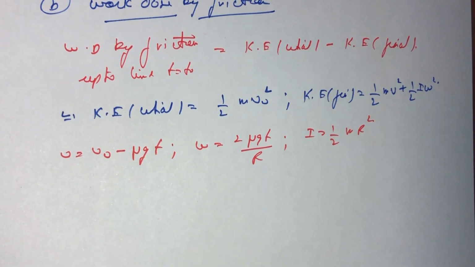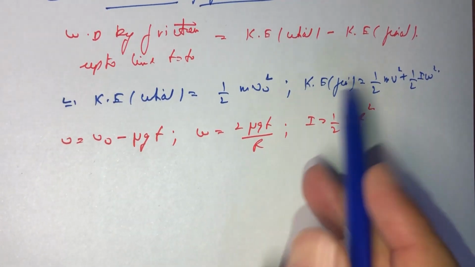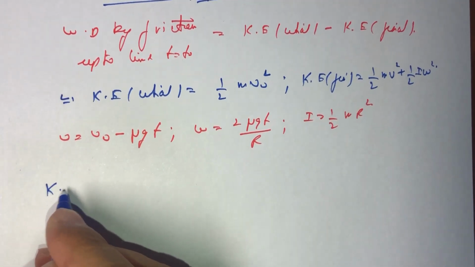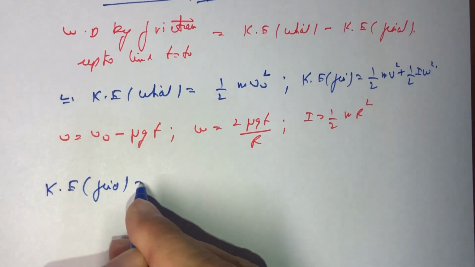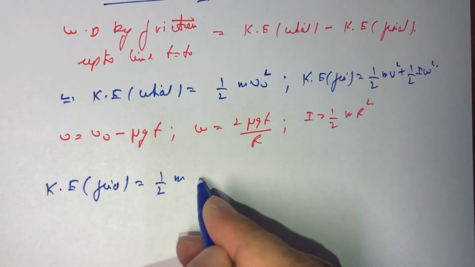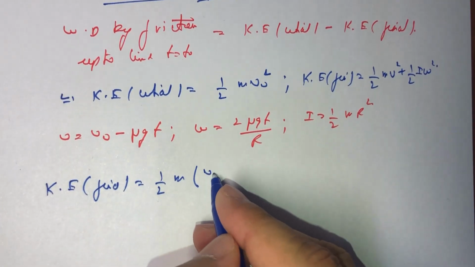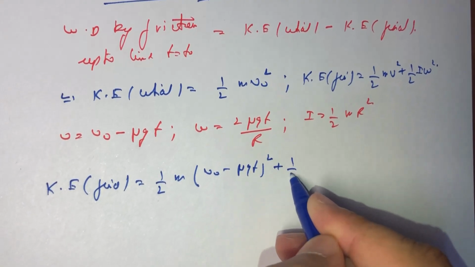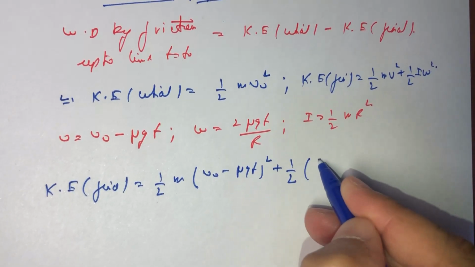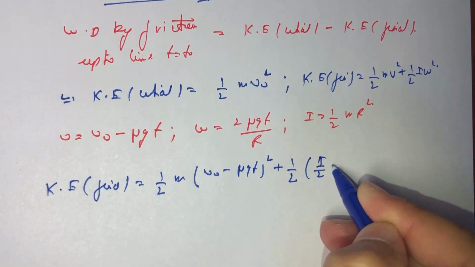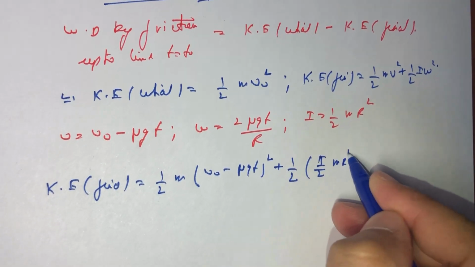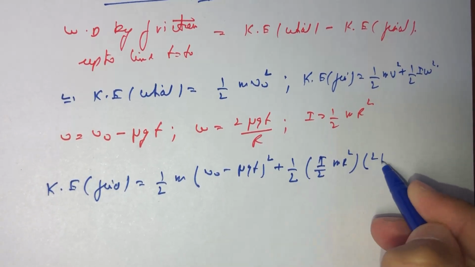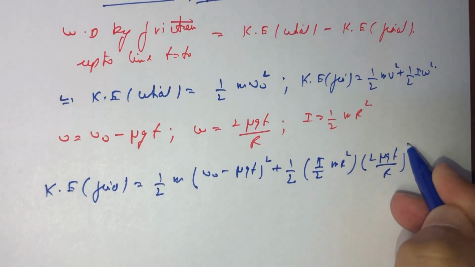Therefore we can say our kinetic energy final will be equal to half m, substituting the value of V, which is V naught minus mu g t whole square, plus half moment of inertia, which we already know is 1 by 2 m r square, and omega square is 2 mu g t upon r, whole square.